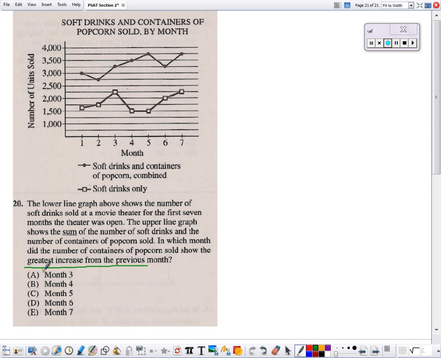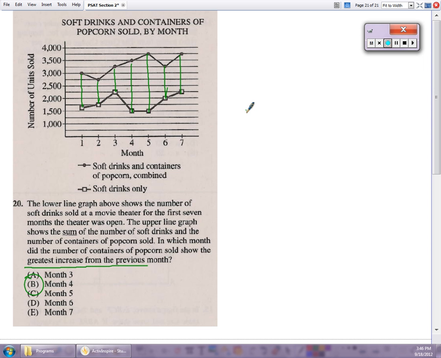So when it says increase from the previous month, that would be month 4. Oh, I'm sorry, you're not going to look for the slope. You're looking for the difference between. So if I draw these individual segments, the greatest change is from this short distance to this longer distance. So that's why it's month 4.